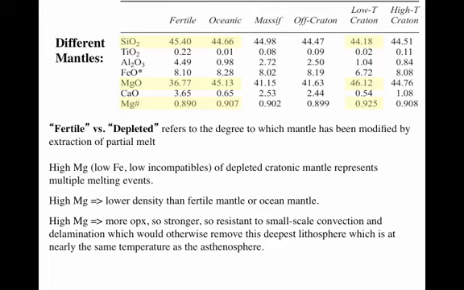Enriched mantle is the opposite of depleted. Sometimes the reference state is more of a mid-ocean ridge basalt, and sometimes the bulk silicate earth or chondrites. Some ocean island basalts and continental flood basalts come from enriched mantle.